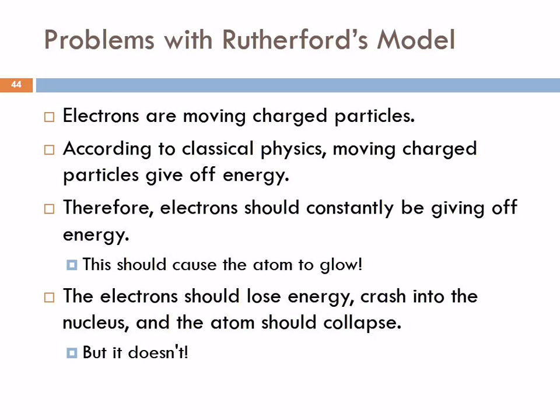And where was this energy coming from? Charged particles moving tell us that the electrons will eventually run out of energy, crash into the nucleus, and the atom should collapse. But it doesn't. So these are problems with Rutherford's model.